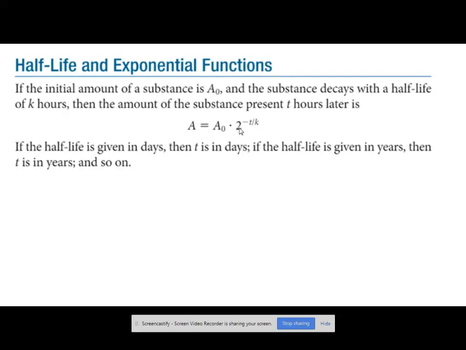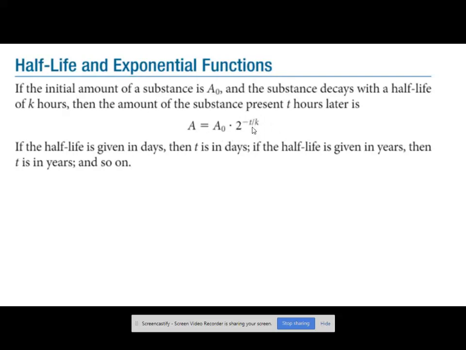I'll show you what that looks like in a little bit, but that's where this half-life comes in. So this 2 here, we could rewrite it as a half and make the exponent positive, and you get the same result. But I'm going to go with the formula that's in the book. So 2 to the negative T over K.